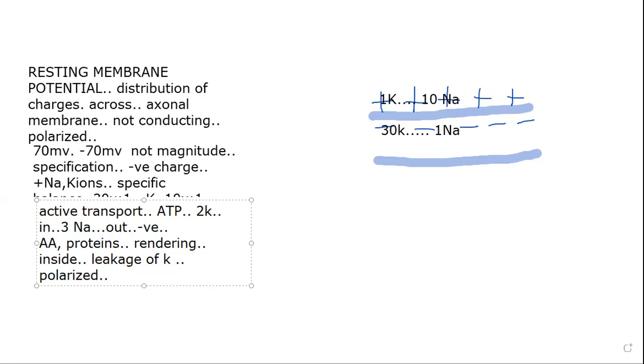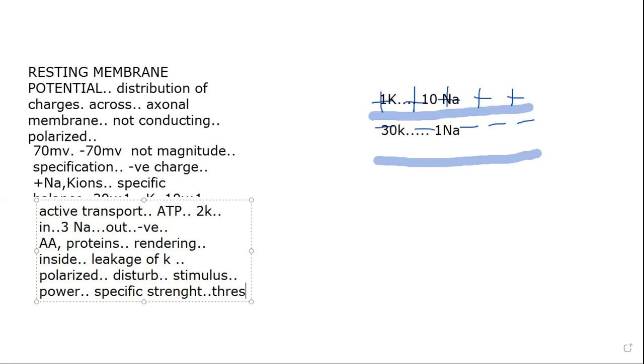Right? Now, to disturb this distribution, what is required? A stimulus is required, and that stimulus must be of a specific strength, and that specific strength is known as the threshold.